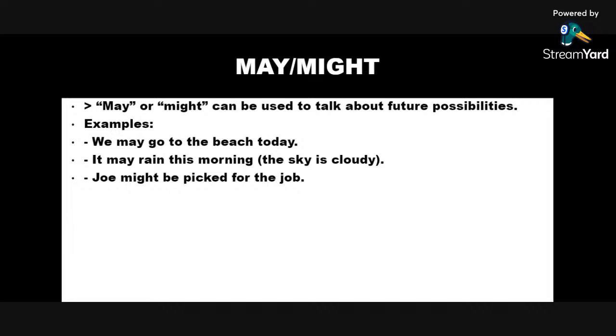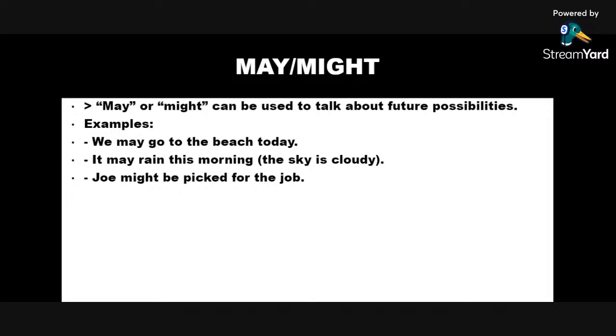Okay. So these are the various ways in which you can express future actions, okay? And you have to understand that any of these might be something you need at one time or the other.